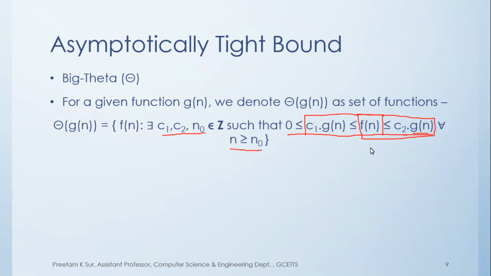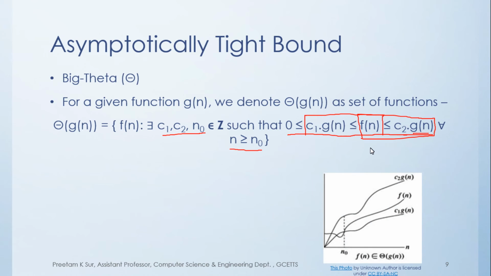Okay, so if you try to realize it graphically, how is it going to look? From the point n becomes n0, from that point onward, we will have that the function fn is going to be lower bounded by the function gn when multiplied by the constant c1.